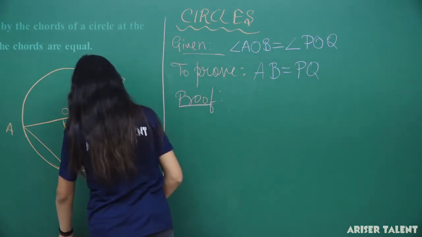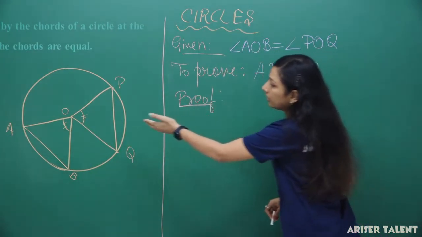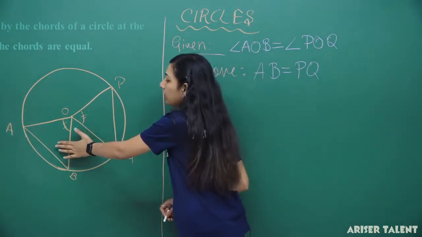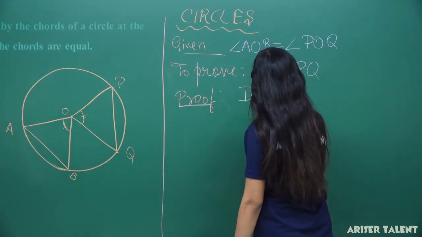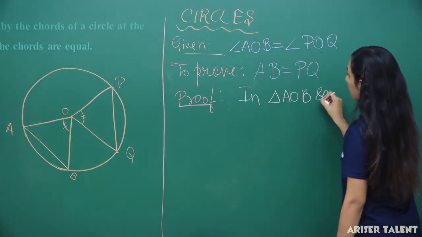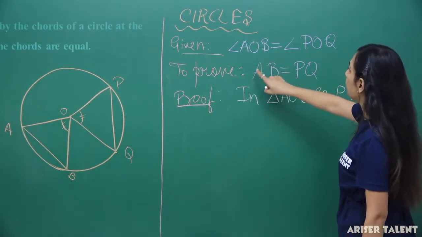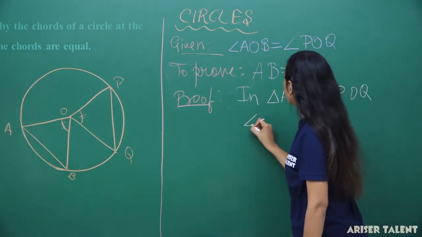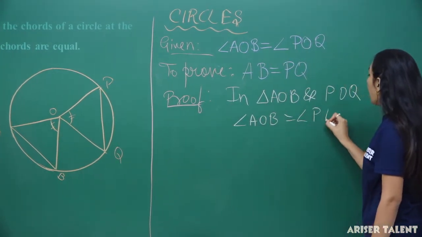Now, proof. For the proof we will be having this triangle and this triangle. The names of these two triangles are triangle AOB and triangle POQ. Write it. Angle AOB is equal to angle POQ, and simply it's given.